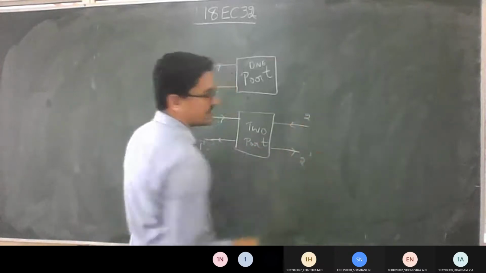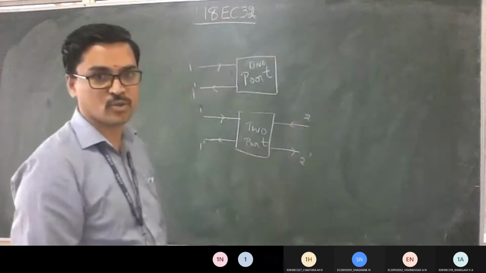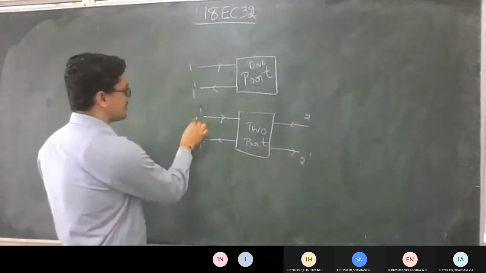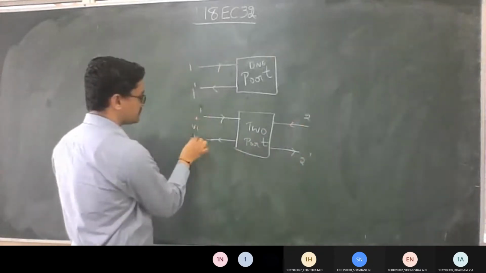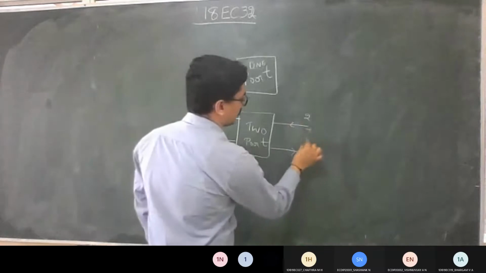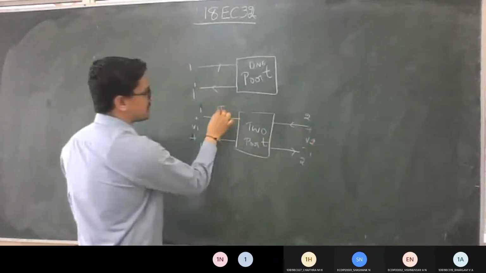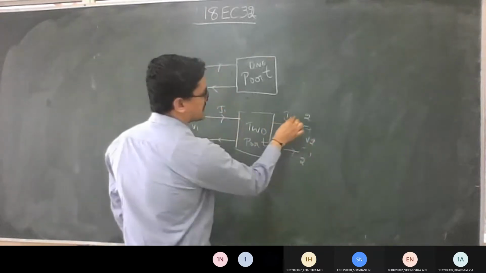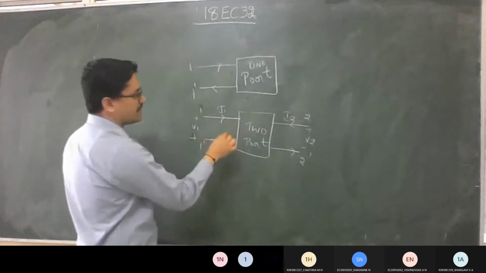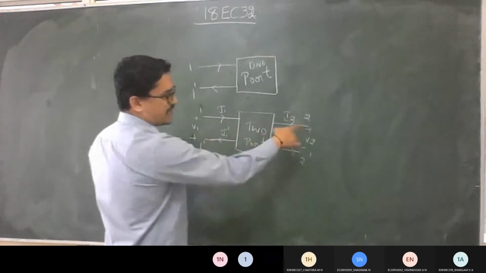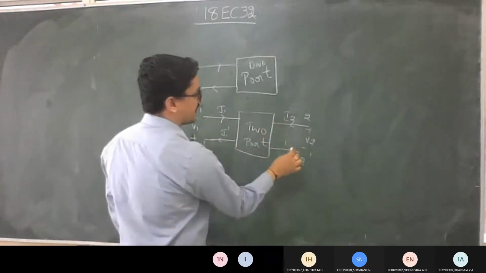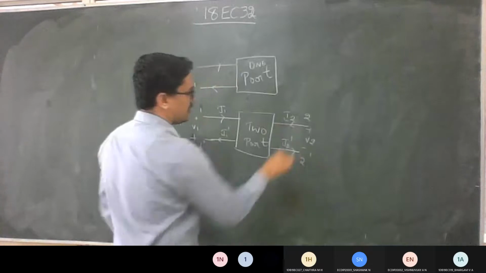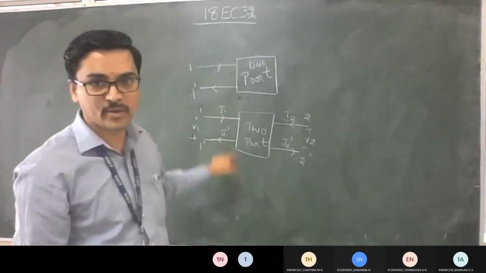So at a time you can send two inputs and get two outputs. If I take this as voltage V1 and this as your voltage V2, the corresponding I1 and I2 are the currents. Entering is I1, exit is I1 dash. Entering is I2, exit is I2 dash. So this is the difference between one port and two port.